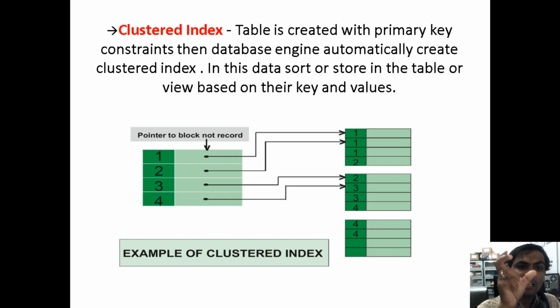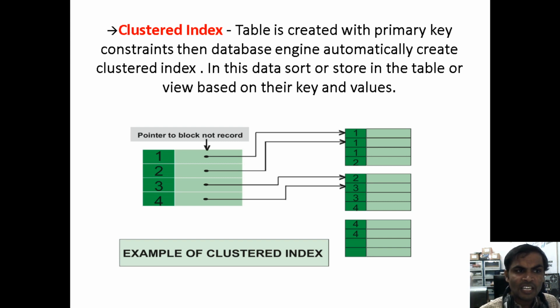Means at the time of designing the database table or schema, when you specify a primary key constraint for the columns, it automatically creates a cluster index. Means it creates one index value.